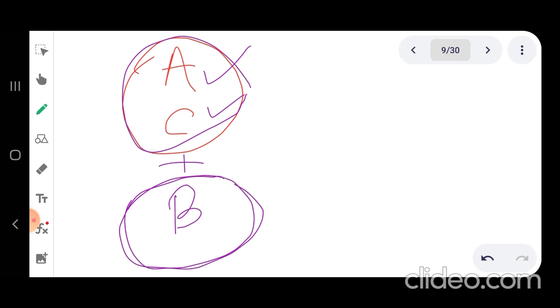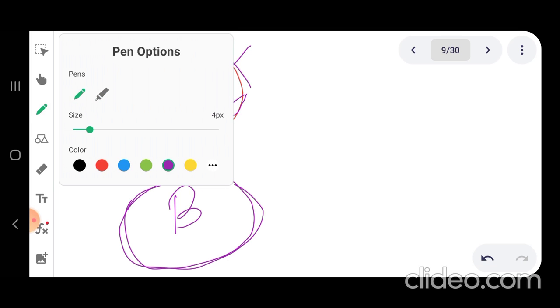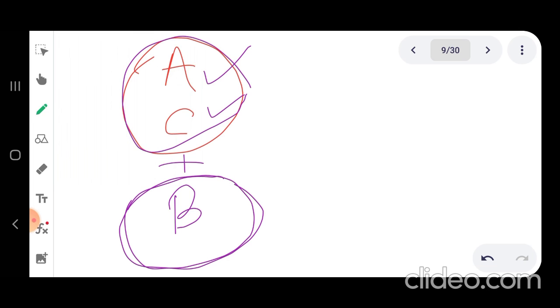The first thing, suppose you want to separate this A. You want to take this A out.